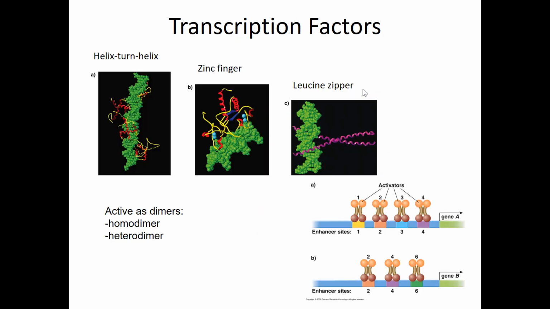And so here are some of the activators. We talked about this last week when we talked about transcription, and we talked about these different domains, the helix-turn-helix, the zinc finger, the leucine zipper, and these are all proteins that bind as activators. You can see that down here, bind as activators at the enhancer sites. In these examples here, these are cis sites close to the gene itself.